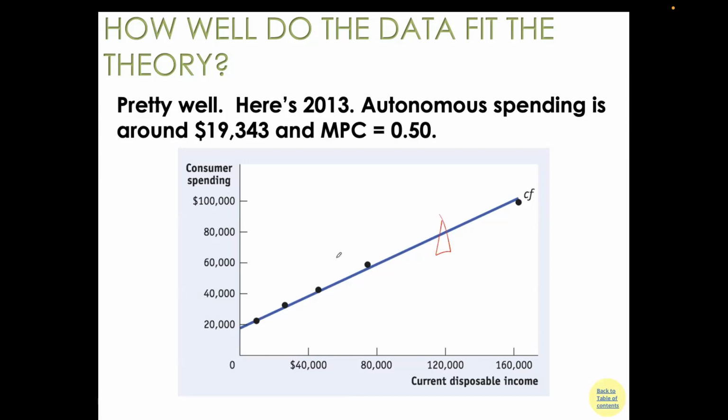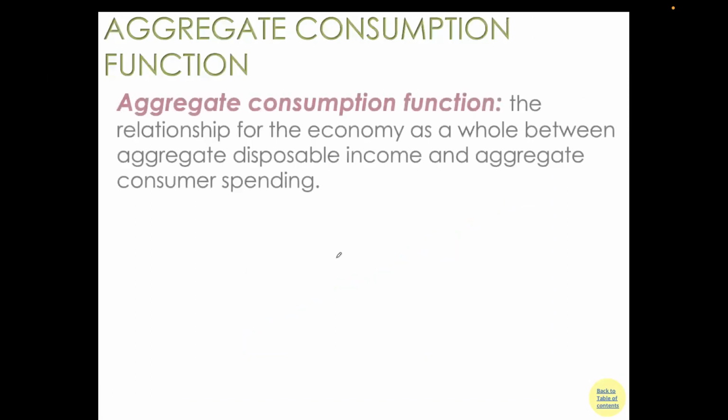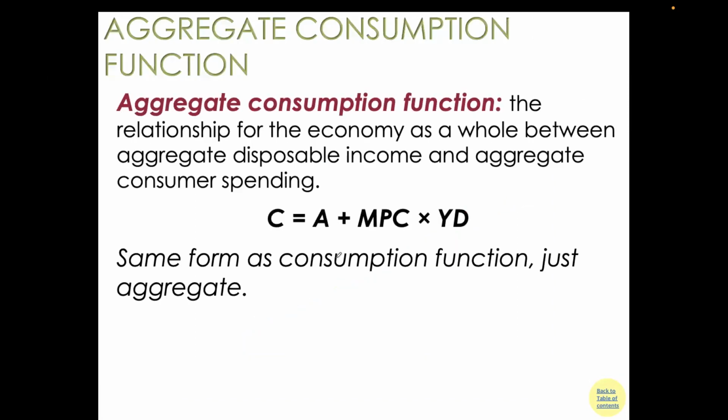In other words, if we look at 2013, the consumption function we just postulated fits the data fairly well. So it seems like the consumption function we just discussed is a good theory to describe the overall behavior of American households, right?